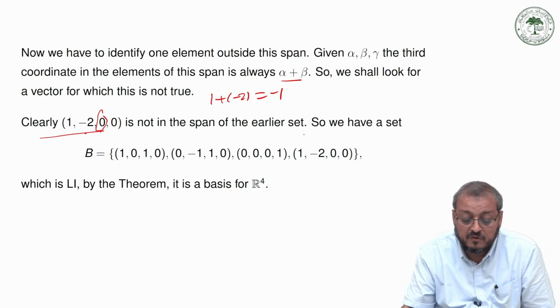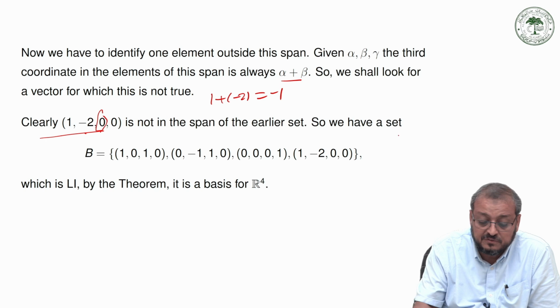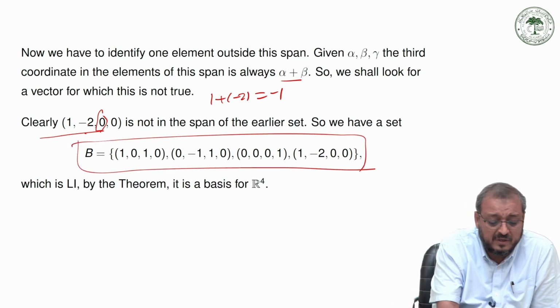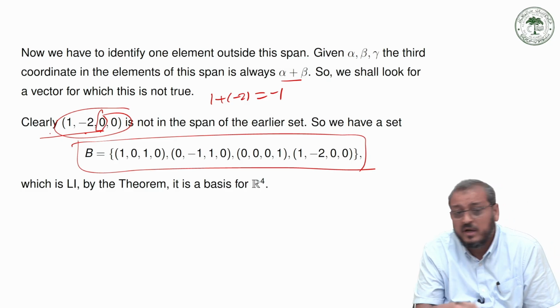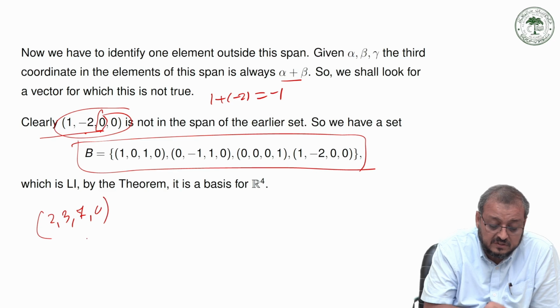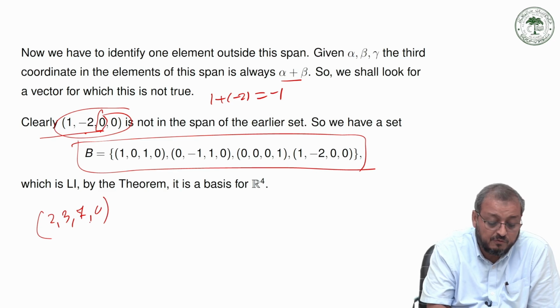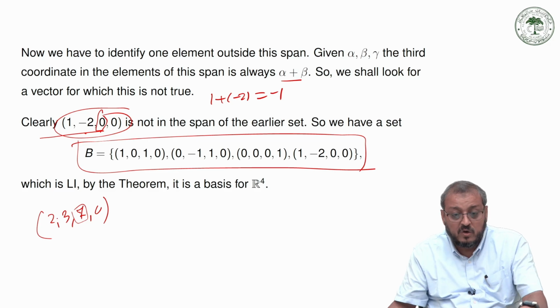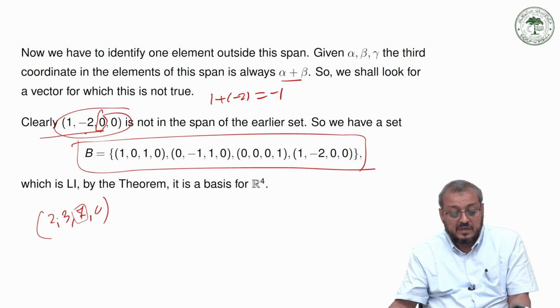And now, since it does not belong to the span of this set, we have our extended set. You do not necessarily have to choose this element; you can choose any element. I say 2 3 7 with a 0 in the last place, because 2 plus 3 is equal to 5. I choose an element which is not equal to the sum of the first 2 elements.